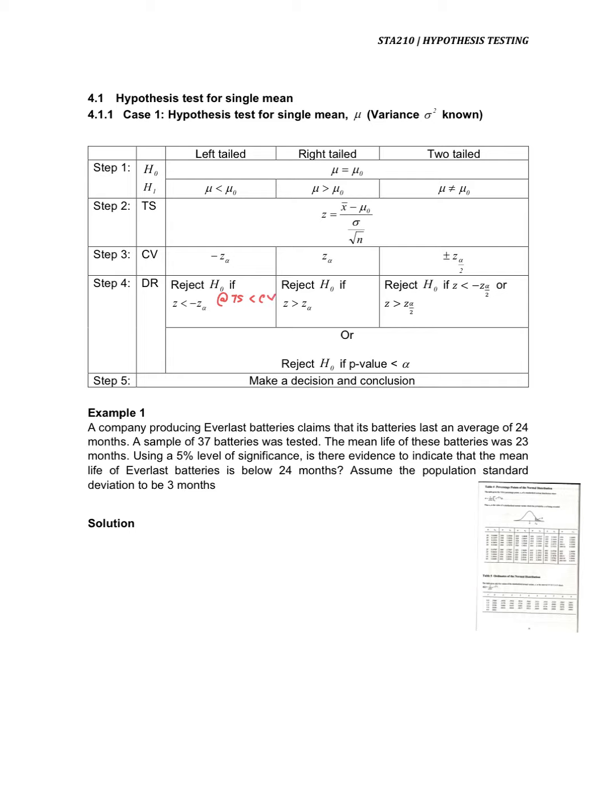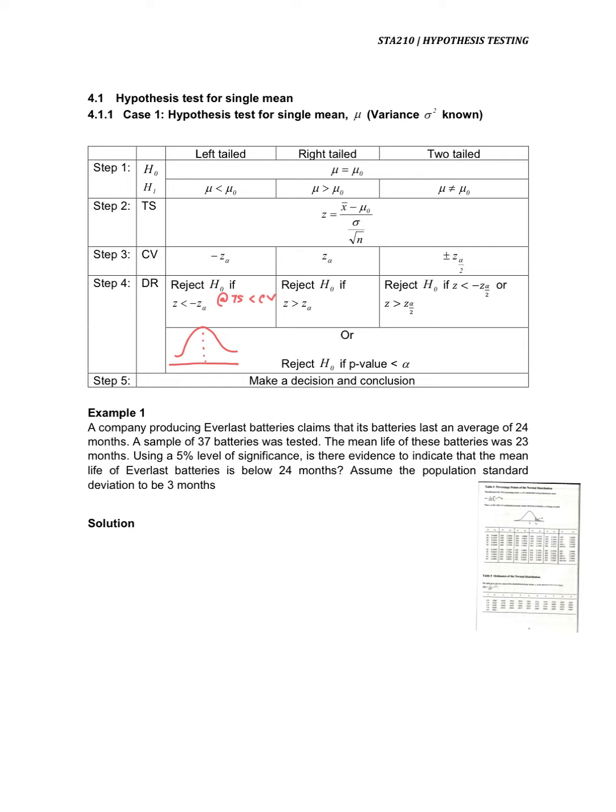Why do we decide on that? If we draw the bell-shaped curve, for the left tail we will look into the left side of our region.